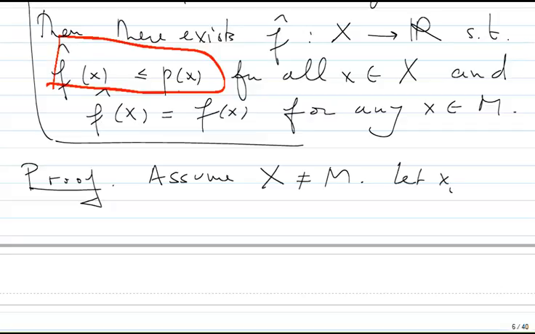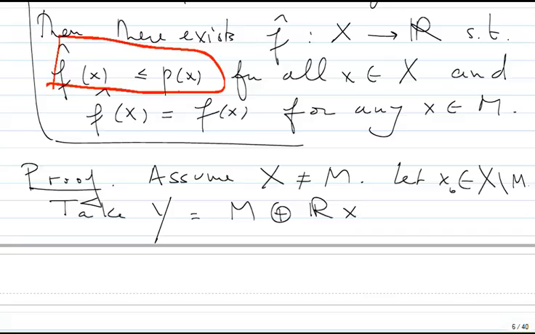Let X0 belong to X minus M. So we take a vector which is in X, not in M. And we take Y to be M, and we add to it r x0. So we add one dimension to the space M, and we're going to try to extend F to the subspace Y. So this is the goal we're going to do now, okay?